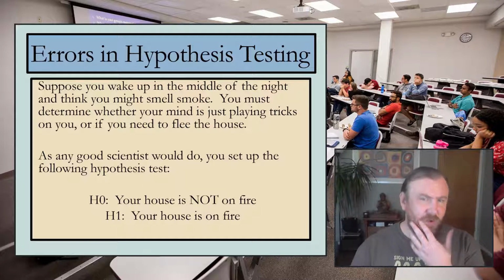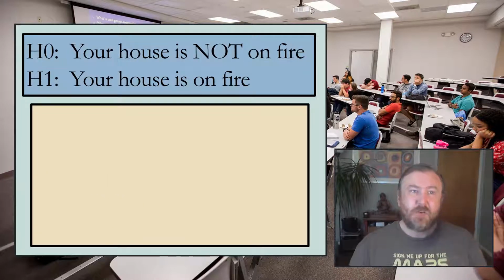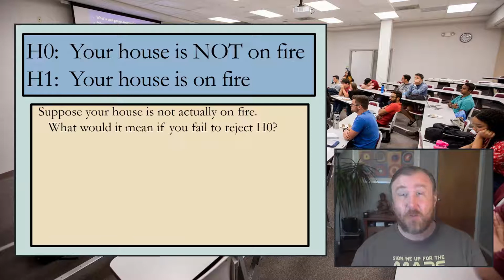And so what you are doing as an intuitive scientist here is trying to assess whether or not you have sufficient evidence to falsify the hypothesis that there's nothing going on, that the house is not on fire.